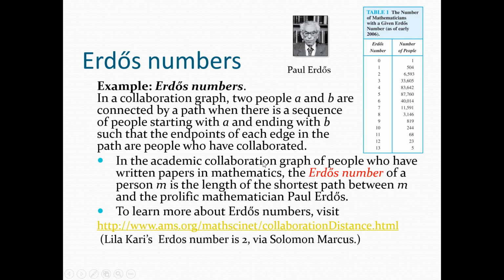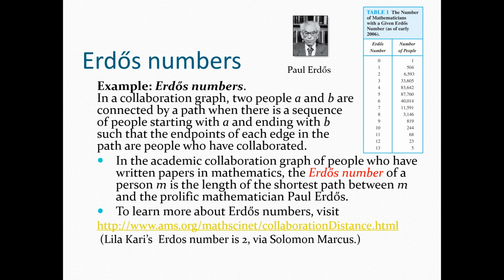Next, there is another example. This is the example of the collaboration graph. In a collaboration graph, two people A and B are connected by a path when there is a sequence of people starting with A and ending with B, such that the endpoints of each edge in the path are people who have collaborated.